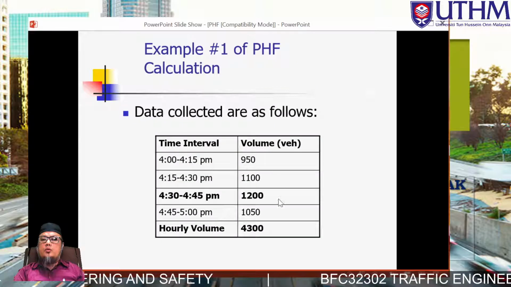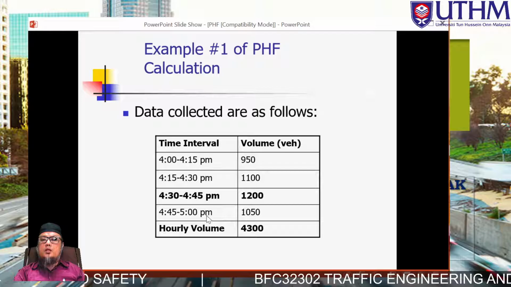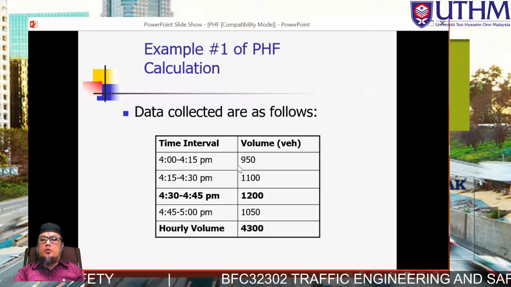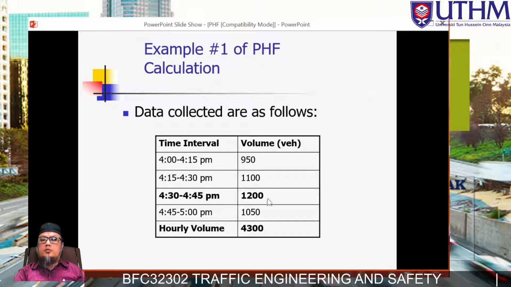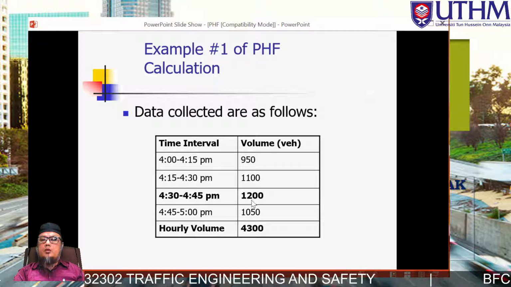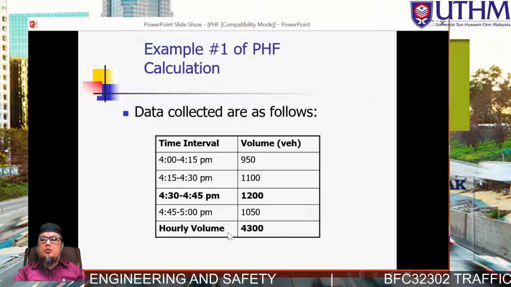We look at this particular example. Now we have one hour of observed volume data, from 4 to 5 p.m. In 15-minute intervals we have this volume. If you look here, they already bolded this one. They have the highest interval of volume, 1200. So now the total volume is 4200.